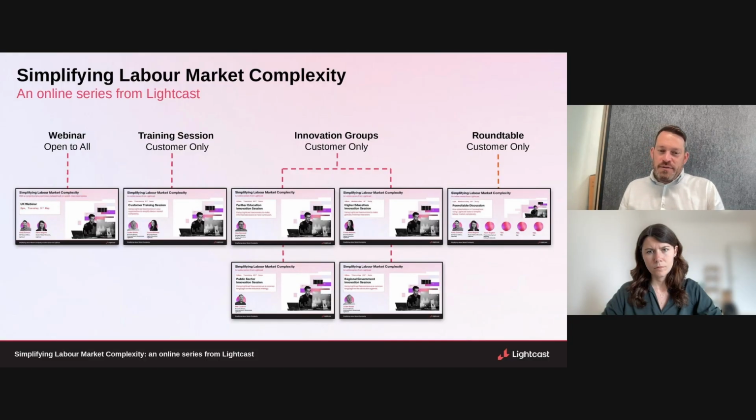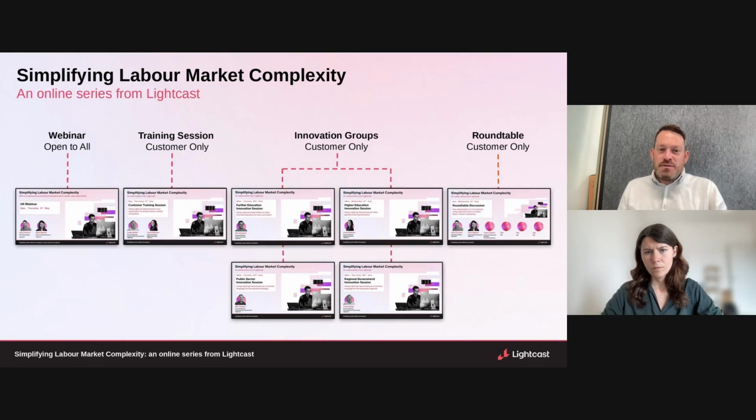And then as we break off into the different sectors that we serve, in the education space and the government space, we have a series of innovation sessions that we are running over the course of the next month or so, diving into today's topic and thinking about how we bring this into the world we are focusing on in education, further and higher education, as well as regional government and professional body organizations.